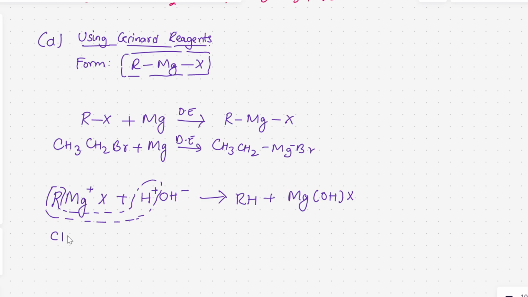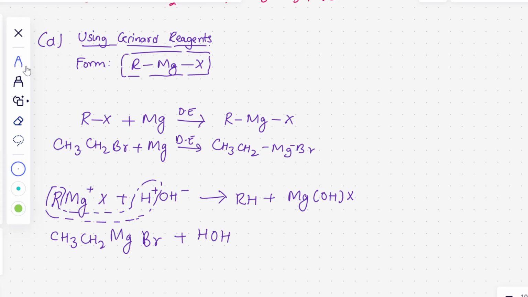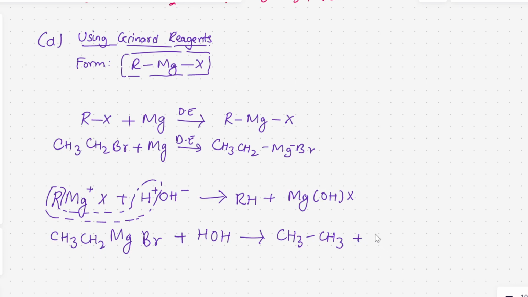For example, maybe you could take CH3CH2MgBr, and simply we could then write that this hydrogen would of course come to there, and then we would be left with MgOH.